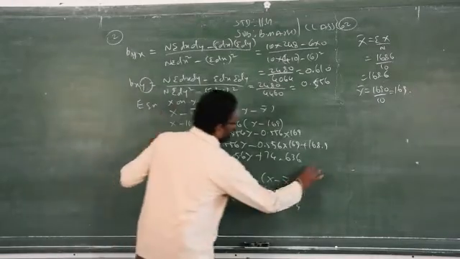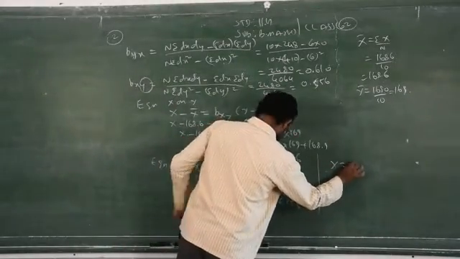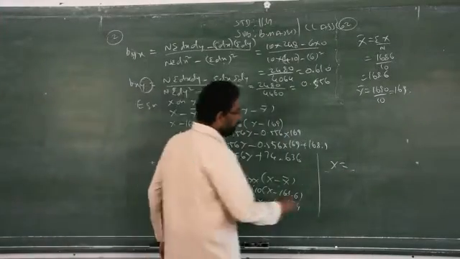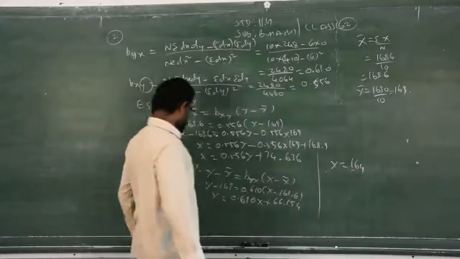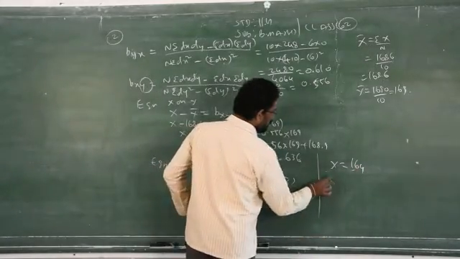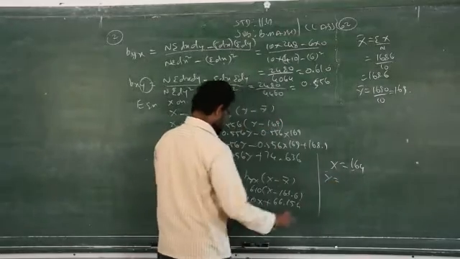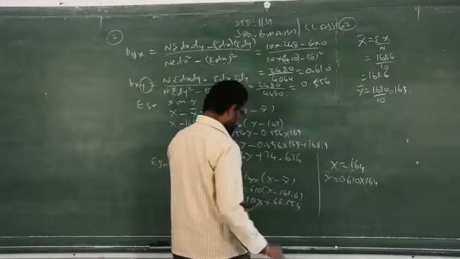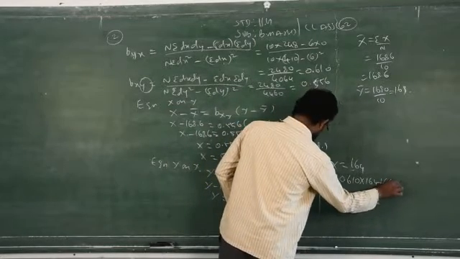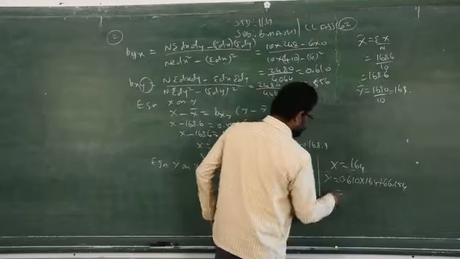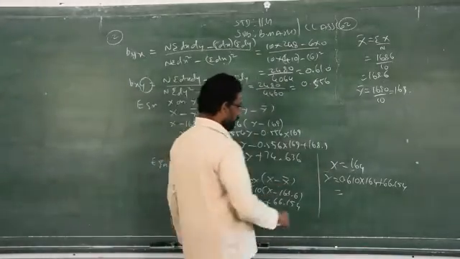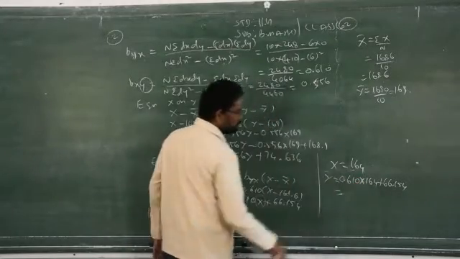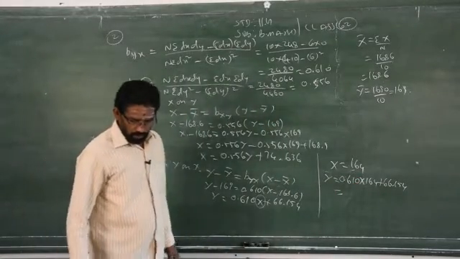So you have to replace x with the father's height, 164, in that equation to find son's height, that is 0.610 into 164 plus 66.154. You multiply these two, then you will get the answer.